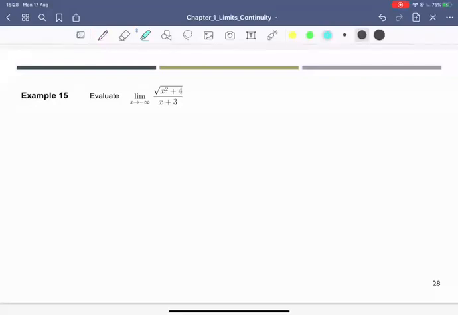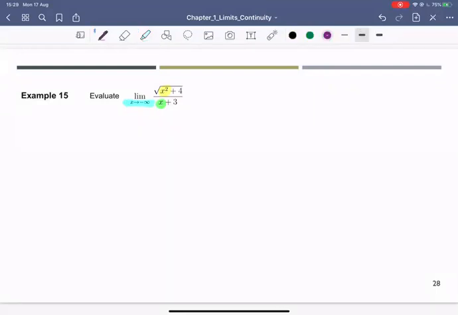I have x squared here, and then I take the square root, so the highest degree is 2, and the square root makes it 1. On the denominator I have x, whose highest degree is 1. So you expect the answer to be the ratio of coefficients. But be careful, because x goes to negative infinity.